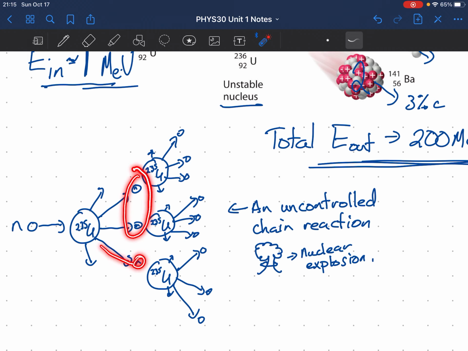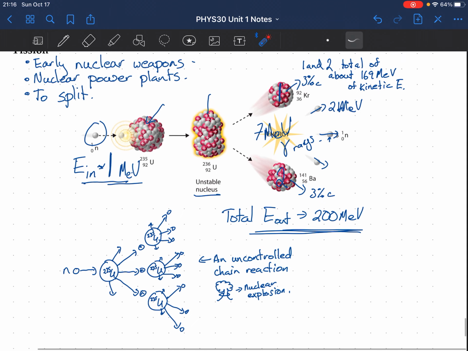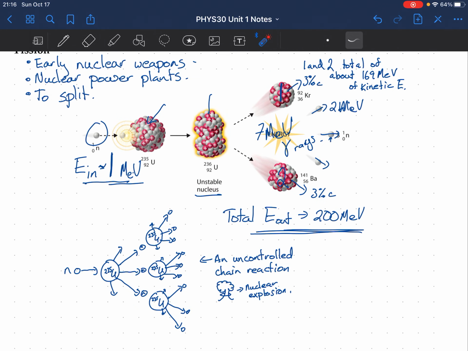You want it so that 2 of these neutrons get absorbed, and only 1 of these neutrons is used for another fission. You want to be able to control how many neutrons are being used at once. Okay, so in a nuclear power plant, you have to be able to control the number of neutrons that are causing new fission reactions.